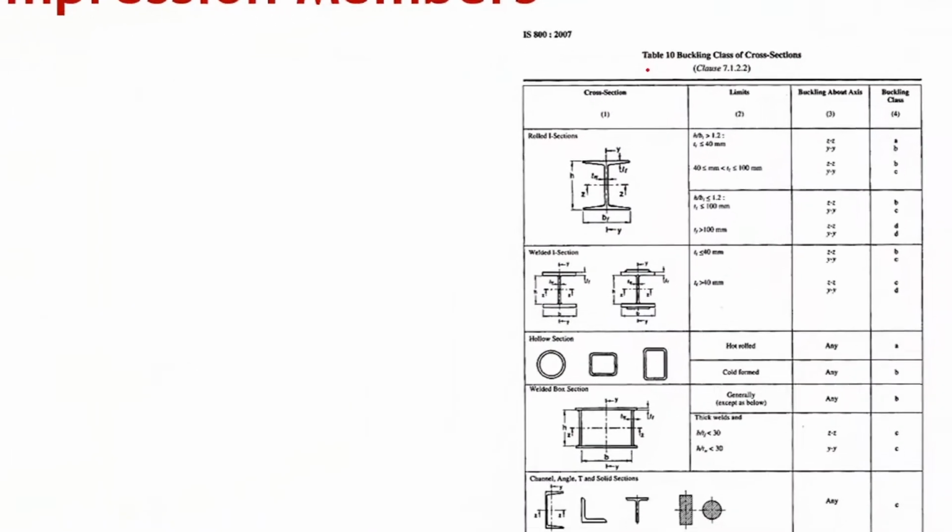To identify the buckling class, we need to refer to table number 10, buckling class of given cross section. Now our cross section is not a rolled I section, not a welded I section, not a hollow section, not a welded box section, and not a channel, angle, T or solid section. Here it is not a single angle section, it is a built up section.